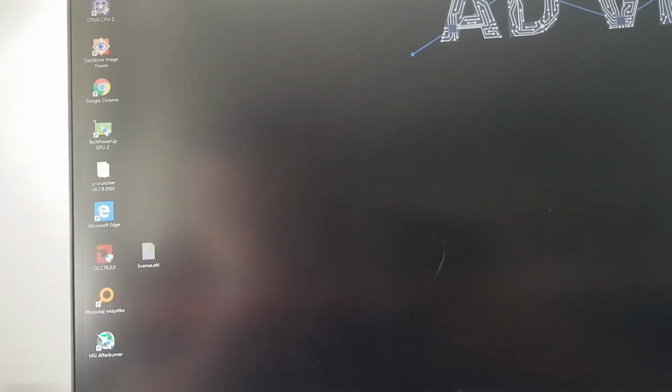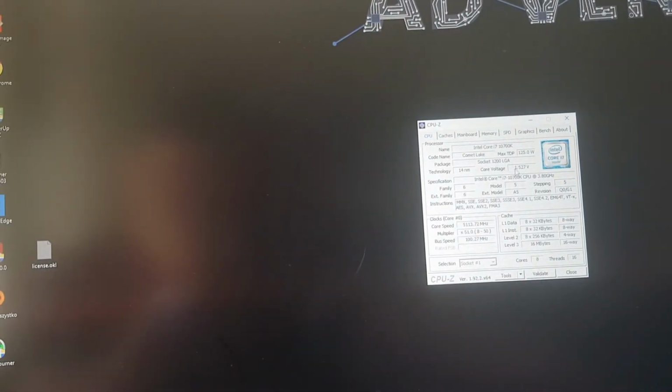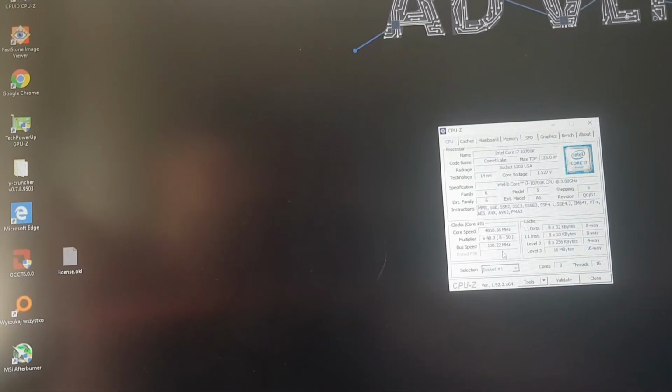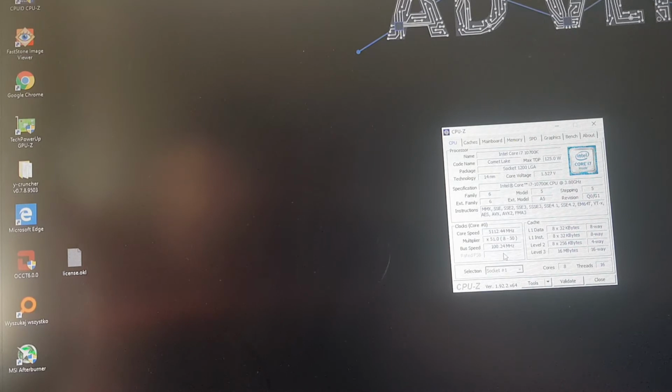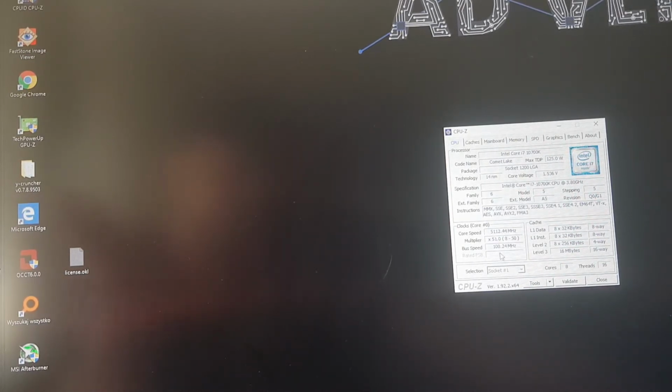We just put the same cache ratio that we had, yes? Well, no. And here's the problem. This is the voltage right now. We changed the maximum cache to the cache that is standard for this CPU, and we have 1.536 volts.